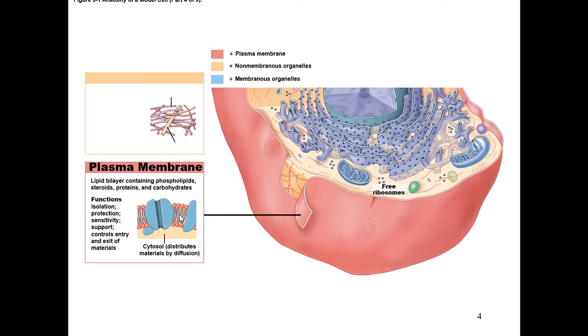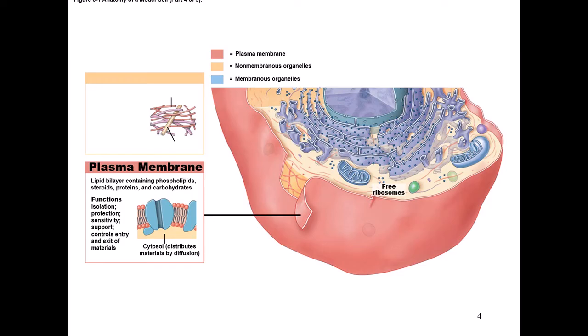Look at the fatty acid tails. They don't face water. They face each other. They're hydrophobic. And we kind of know that from our life that fats and oils don't mix with water. So this is known as the phospholipid bilayer. They're not showing it here, but within the phospholipid bilayer there would be some cholesterol. That cholesterol would give the cell some strength.